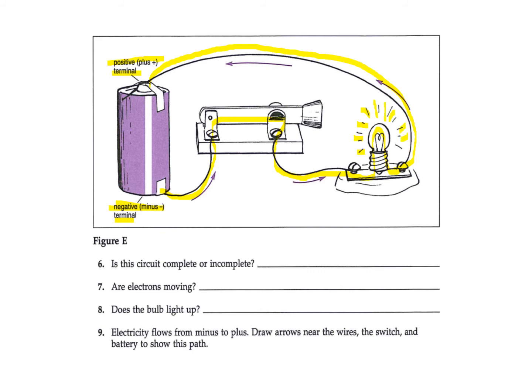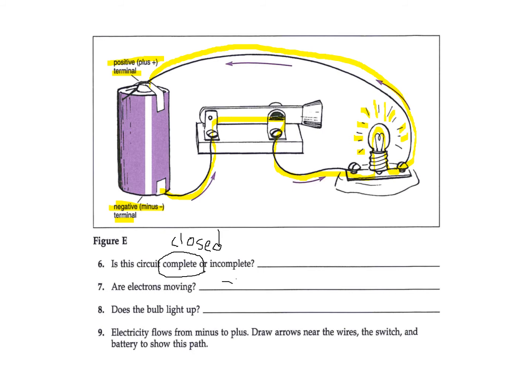So we can say, is this circuit complete or incomplete? It's complete. Another word for complete is closed. So if my circuit is closed, it means it's complete. What that really means is all the components are connected, and if there's a switch, the switch is closed.